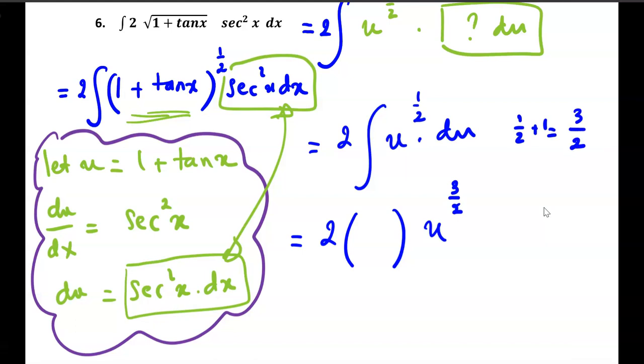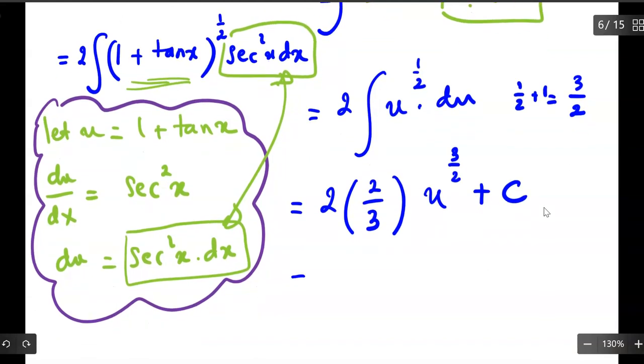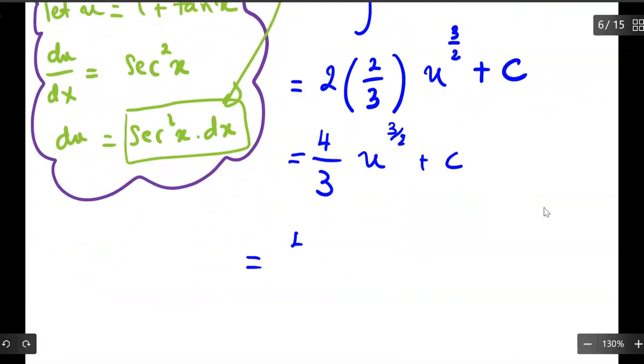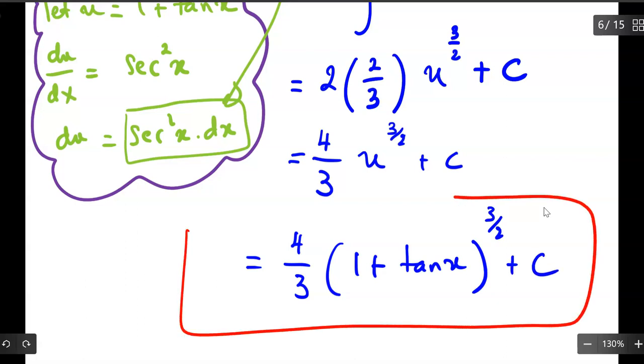Divided by 3 over 2, that means I multiply by 2 over 3, plus c. Let me correct this so I make sure I write 2 here. Then what do I have as the final answer? 4/3 u to the 3 over 2 plus c. So I can write it as 4/3 times 1 plus tangent of x raised to the exponent 3 over 2 plus c as the final answer for this integration.